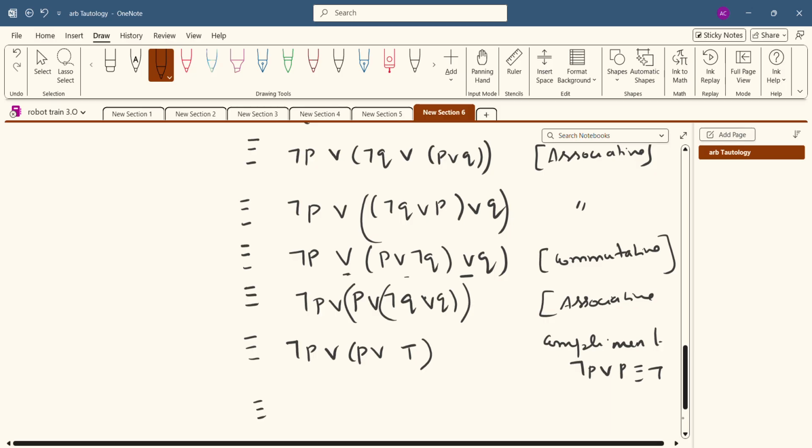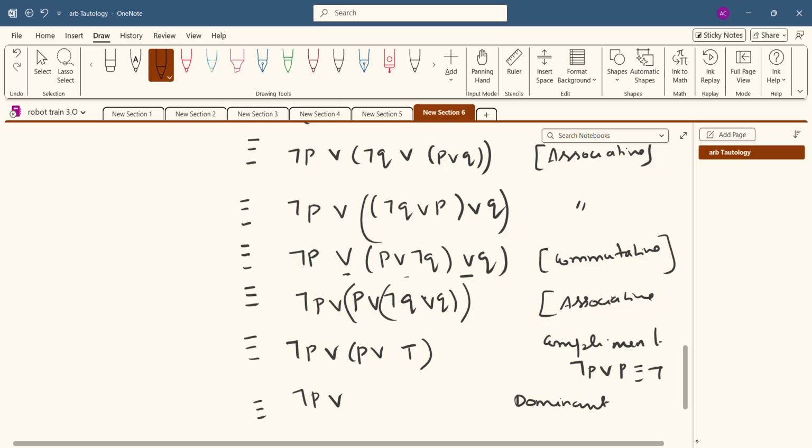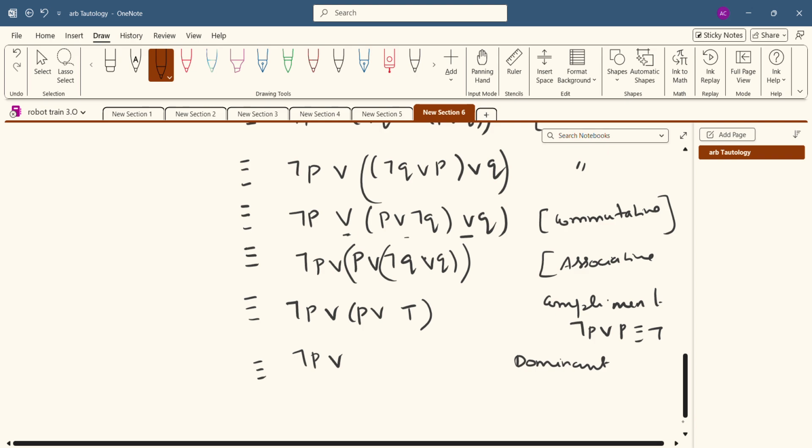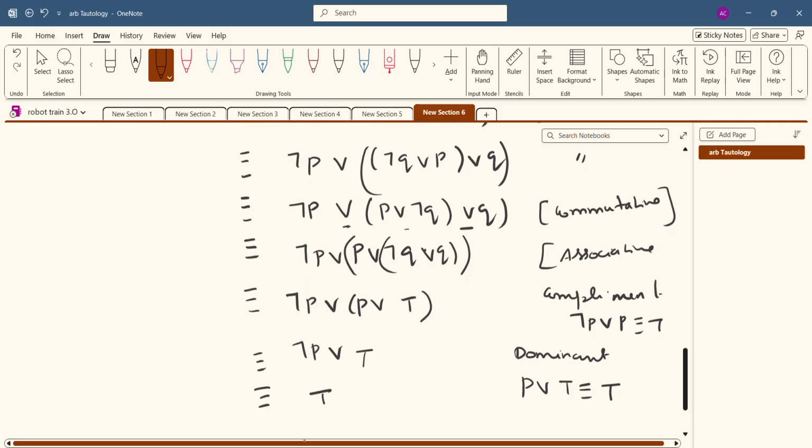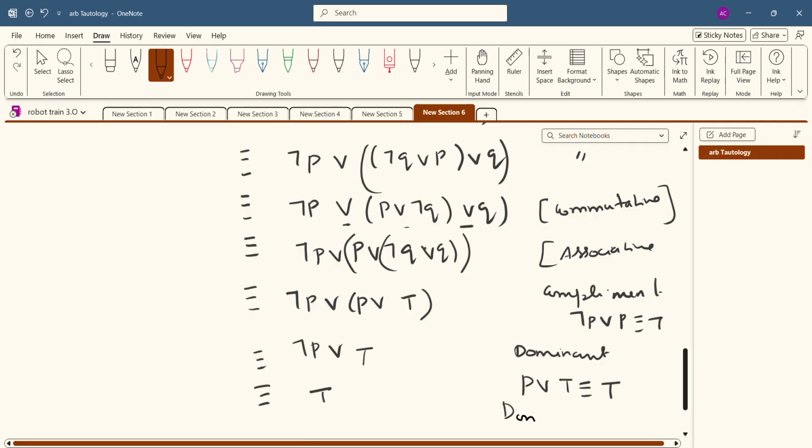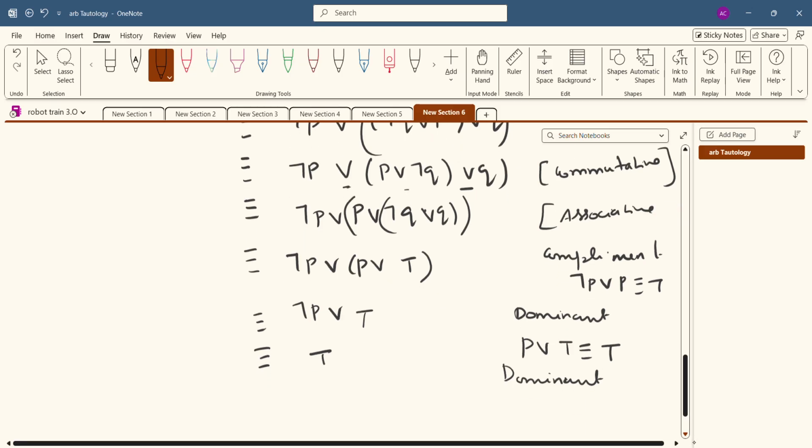The dominant law is P union true is equivalent to true. So this is equivalent to true. Once again I apply the dominant law: negation P union true is true. Likewise, we are going to prove the results.